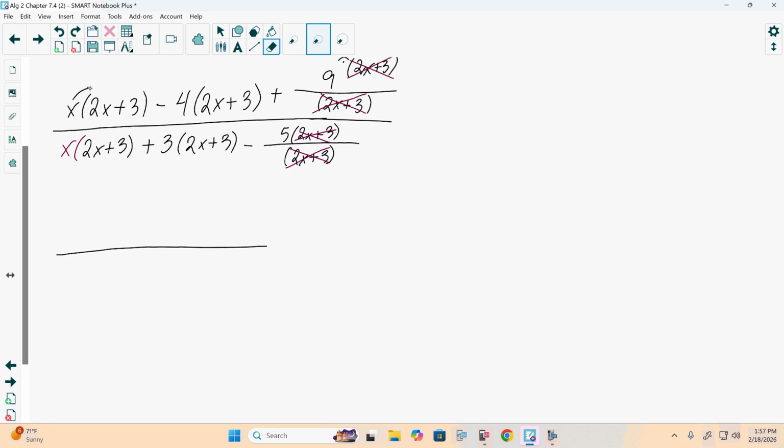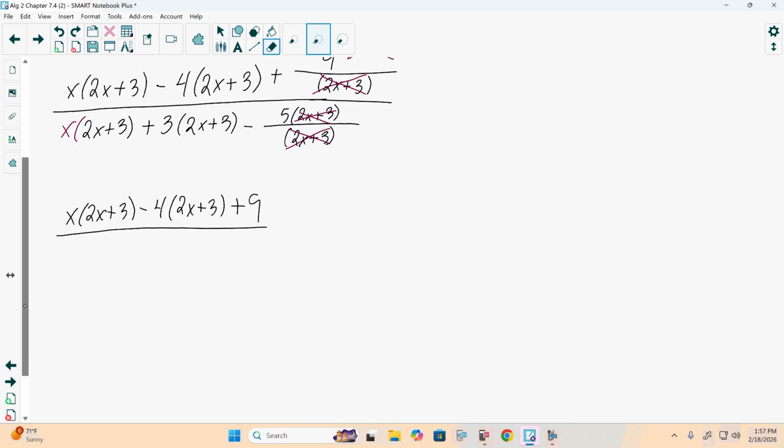So, you know what, before I start multiplying, I'm going to rewrite it. Because once everything simplifies, we have these three terms. So if that 9 had 2x plus 3, we could factor it out. It would work a lot nicer.